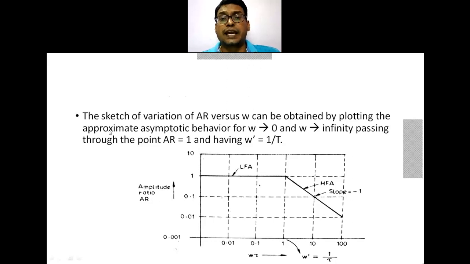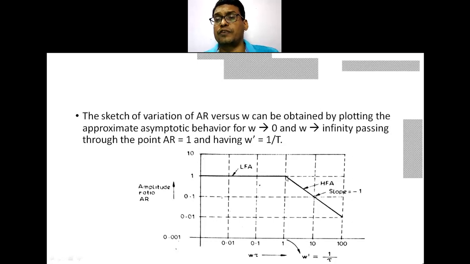So the sketch of variation of amplitude ratio versus omega can be obtained by plotting the approximate asymptotic behavior for omega tends to 0 and omega tends to infinity, passing through the point of amplitude ratio equal to 1, and having the corner frequency of omega dash equal to 1 upon tau.